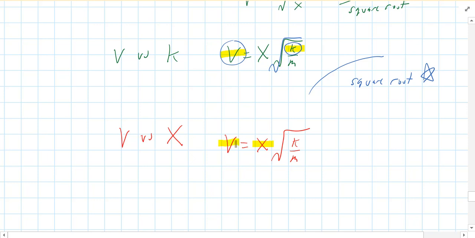How do they increase? Well, it's v and x. There's no powers, there's no square roots, and nothing like that. So they're directly proportional. If x were to double, v would also double. So the last part of the lab, you should have gotten a curve that looks like that, which actually isn't a curve. It's a line because it should be linear. Okay, so the very last part, you should have gotten a linear relationship.